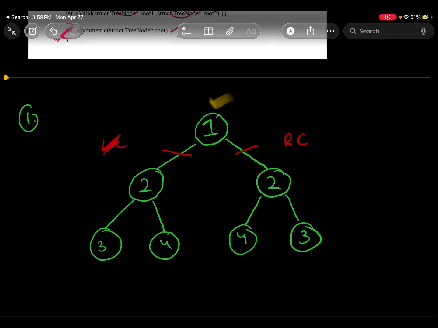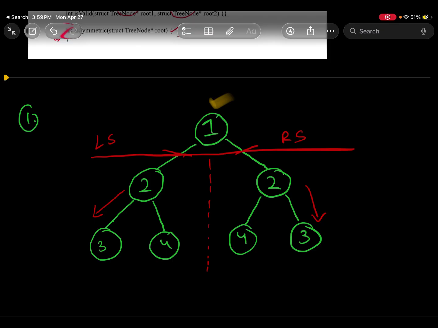Actually, let's call it left subtree and right subtree from this point on. Now let's draw this line. If I go left here, do I need to go left on my right subtree? No, I need to go right here, right?